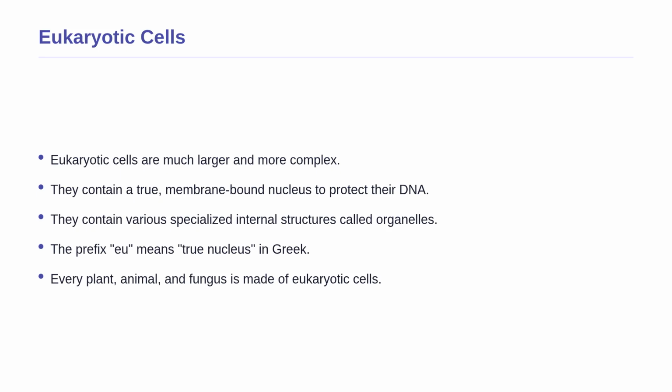Alongside this nucleus, it contains various specialized structures called organelles, which act like the separate rooms in our mansion. The prefix "eu" means true, so these are the cells with a true nucleus. Every plant, animal, and fungus you see around you, including your own body, is made entirely of these highly organized eukaryotic cells.